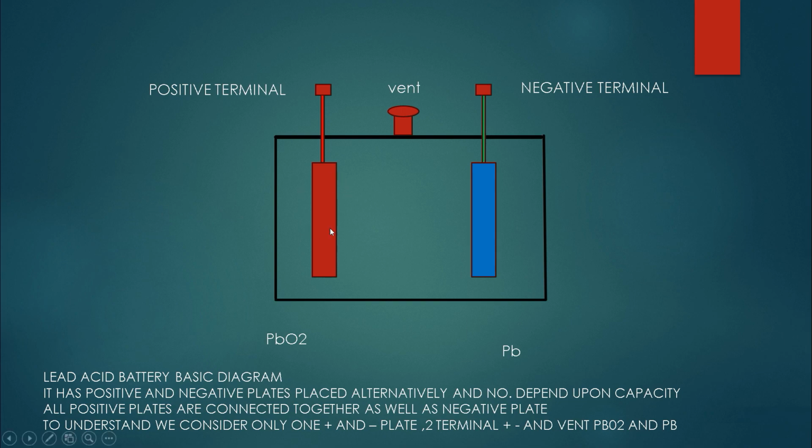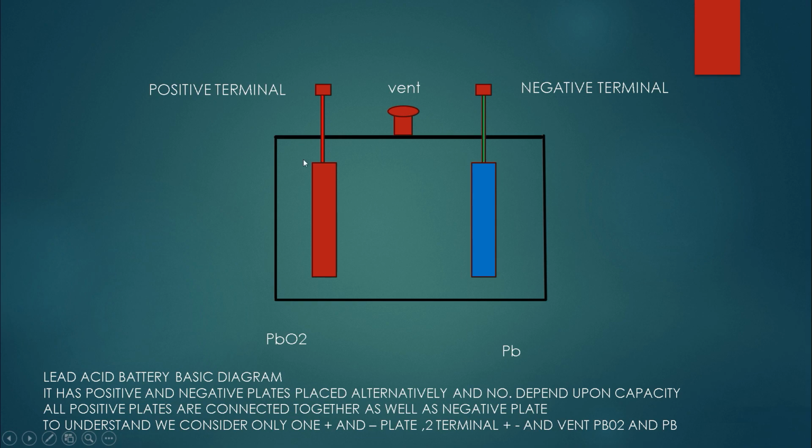This is a positive plate, this is a negative plate, this is the negative terminal, and this is the positive terminal. Normally the battery is arranged with one positive plate and one negative plate, alternating together, and all the positive plates are connected together to the positive terminal, and all the negative plates are connected to the negative terminal.